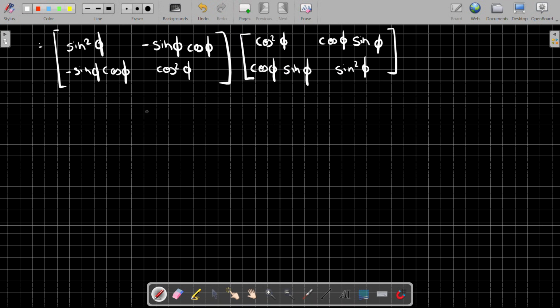So now let's multiply them together. So sin squared phi cos squared phi plus minus sin squared phi cos squared phi.